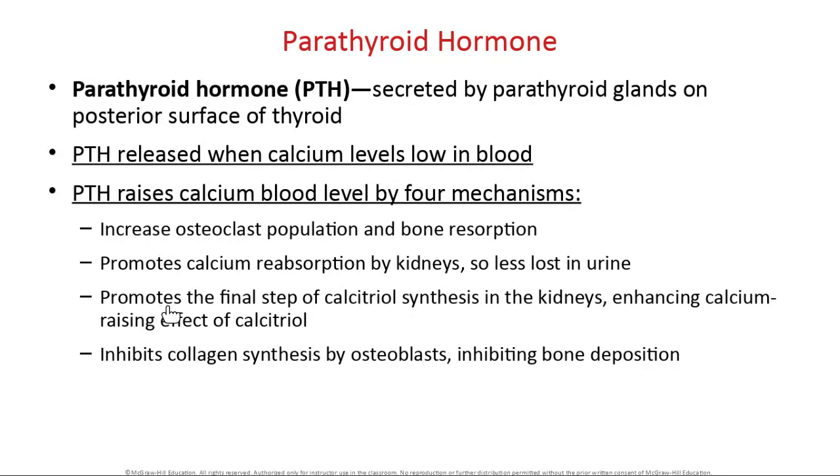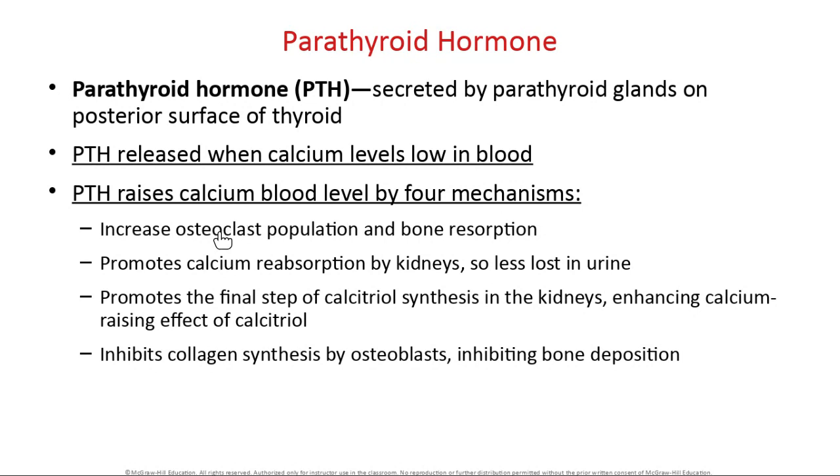One of them I'm not really going to ask you about, but let's start with the first one. Parathyroid hormone will result in an increase in the number of osteoclasts. It will actually signal an increase in osteoclasts, and so therefore, this is going to result in an increase in bone resorption. That should make sense. If we have low blood calcium, we want to increase blood calcium, so we're going to increase bone resorption.